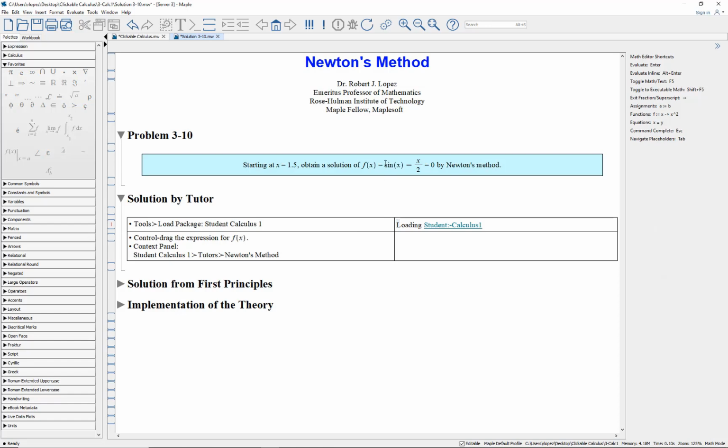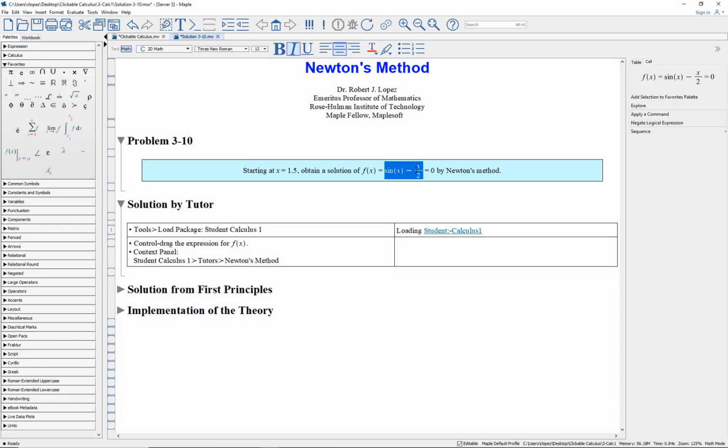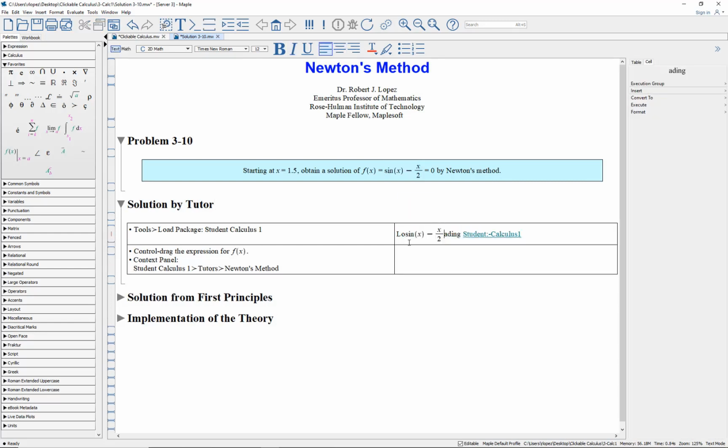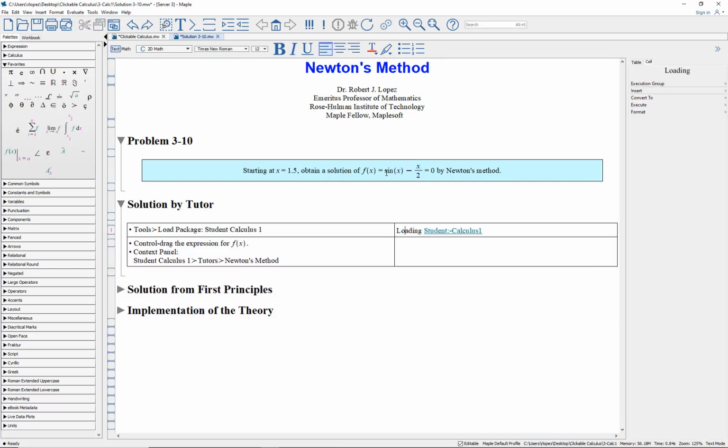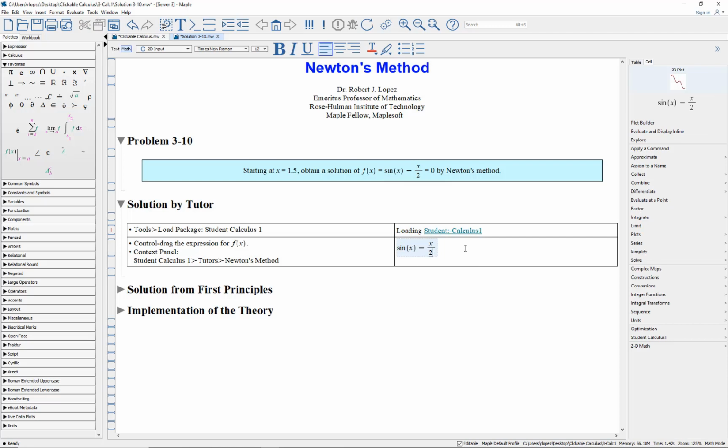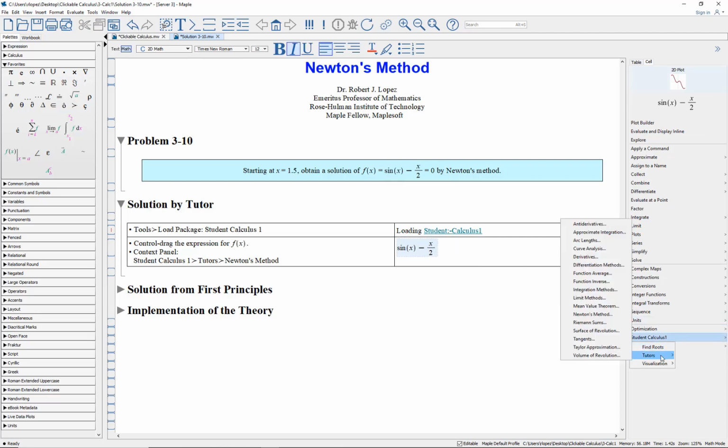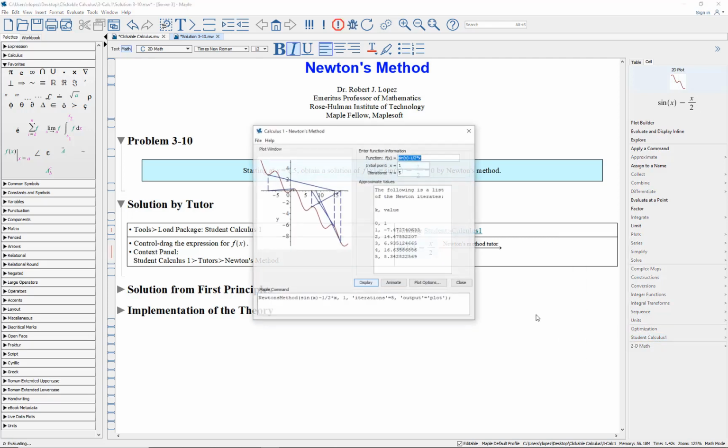We need this expression. I didn't want to put it there. I want to put it here. We go to the context panel, Student Calculus 1, Tutors, Newton's method.